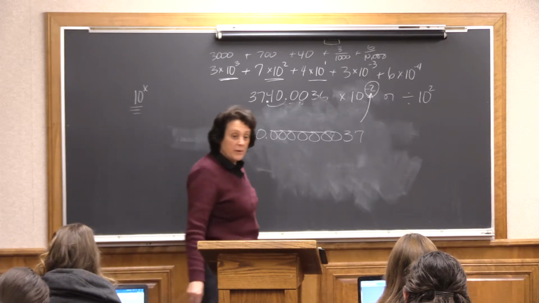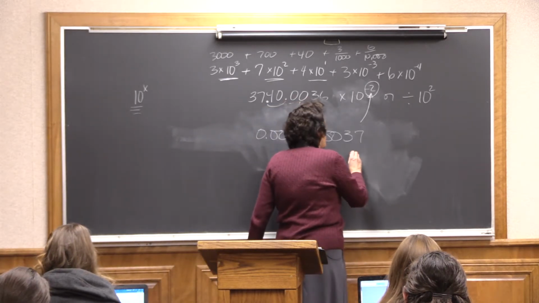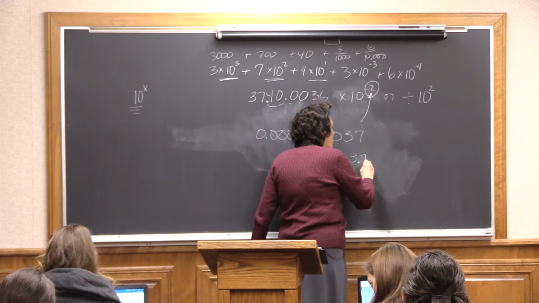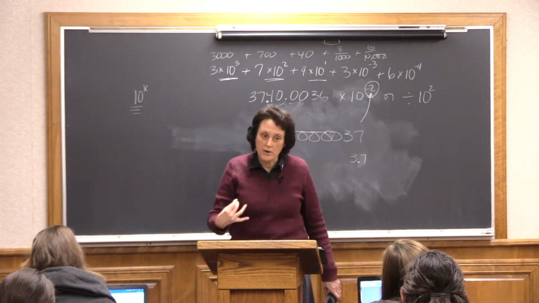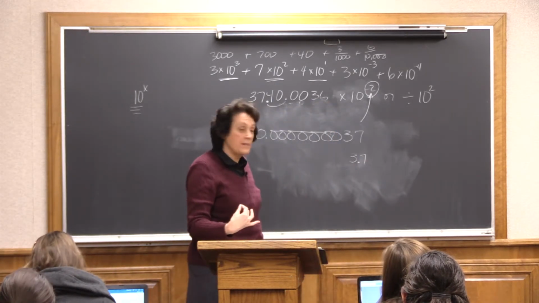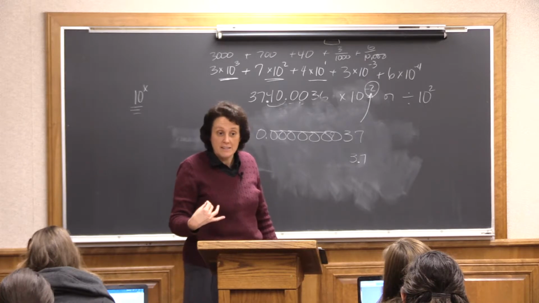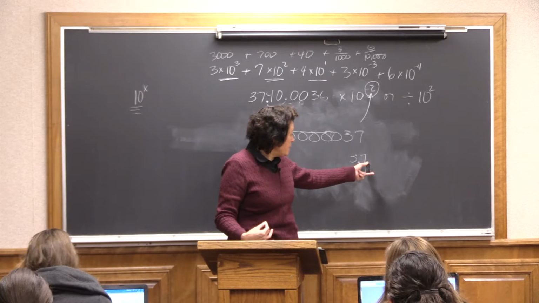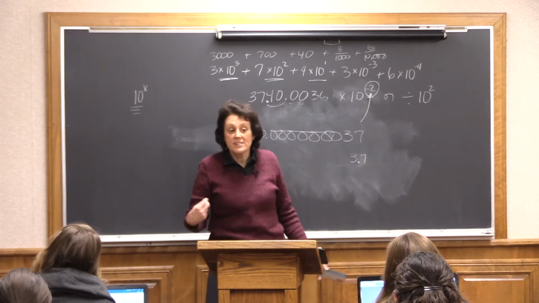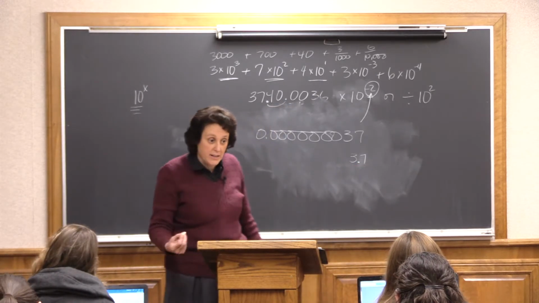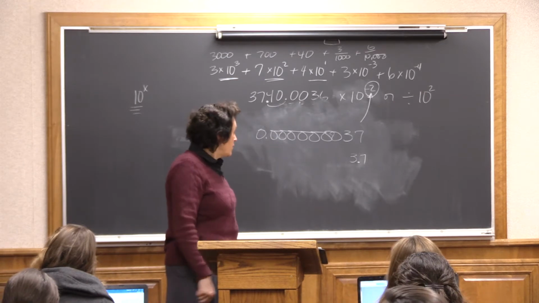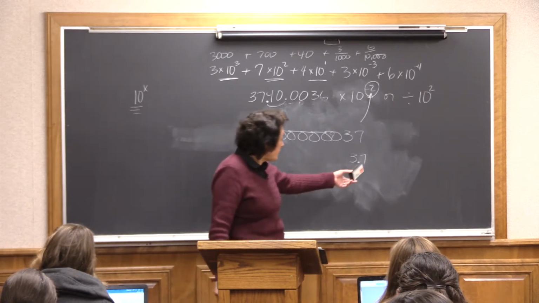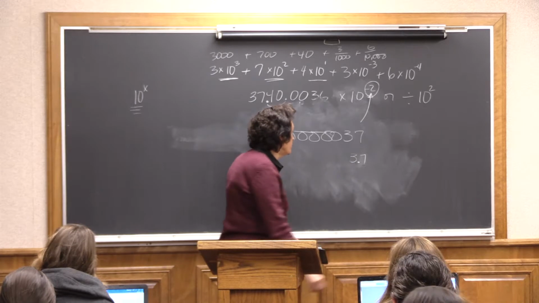Typically, to put a number in scientific notation, you're going to want your whole number part, the part that actually has a number in it, to be one digit in the whole number, and then typically one digit behind, sometimes 2 digits behind. So usually you would do it so that this is 3.7 in the actual numbers.